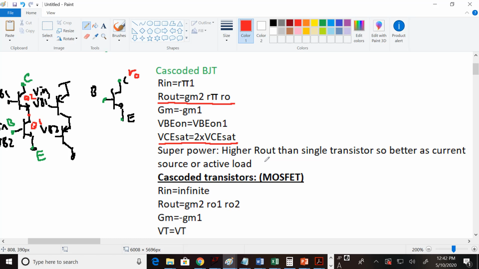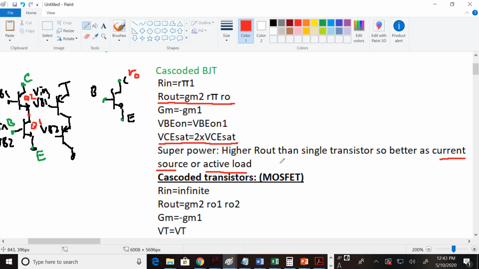And it turns out that by replacing that resistor with a PNP-based or a PMOS-based cascoded transistor, you get massive gains. You get gains in the millions. So having this high R out is great if you're making a current source or an active load for your amplifier.